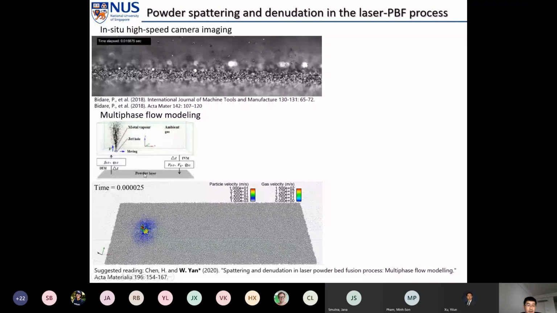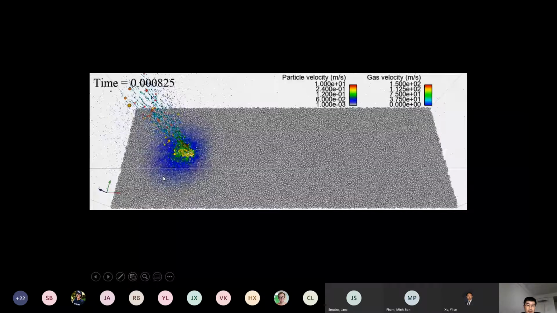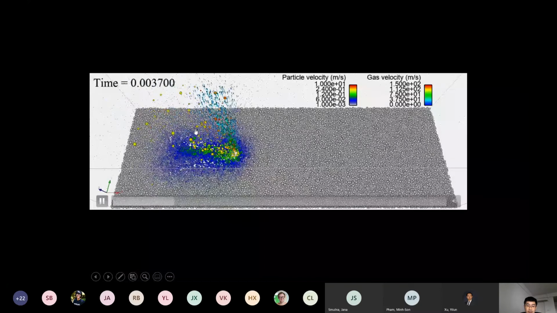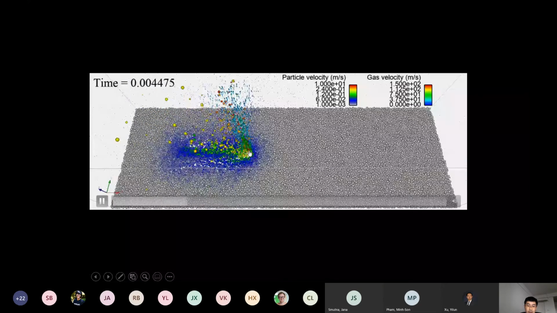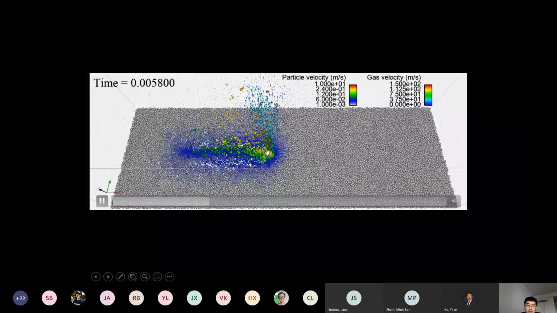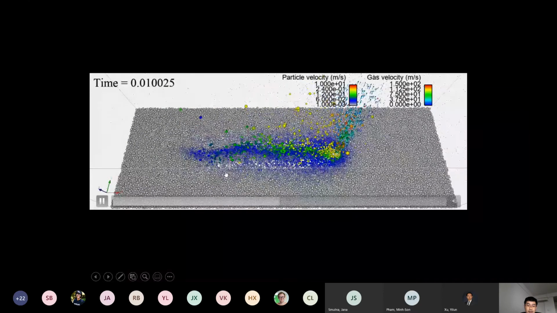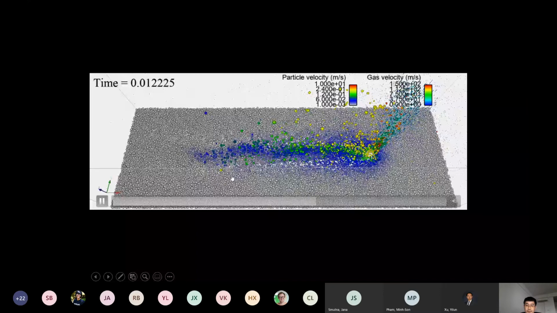In addition to simulating the powder motion, we also incorporate the ambient gas and the vapor flow and their interaction with the powder particles. This is a simulation result, and this is a vapor jet, and it blows up all the powder particles into the air, and the ambient gas will flow in and entrain the surrounding powder particles.